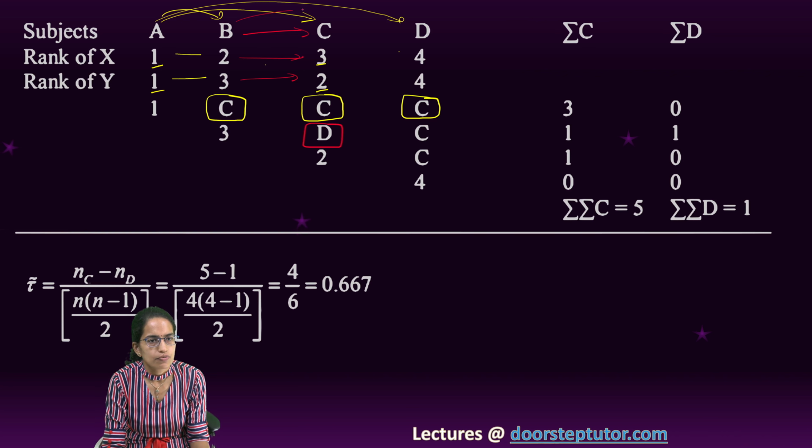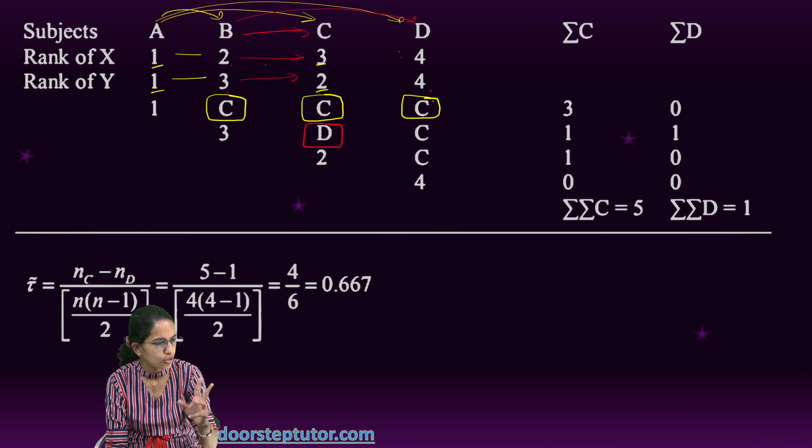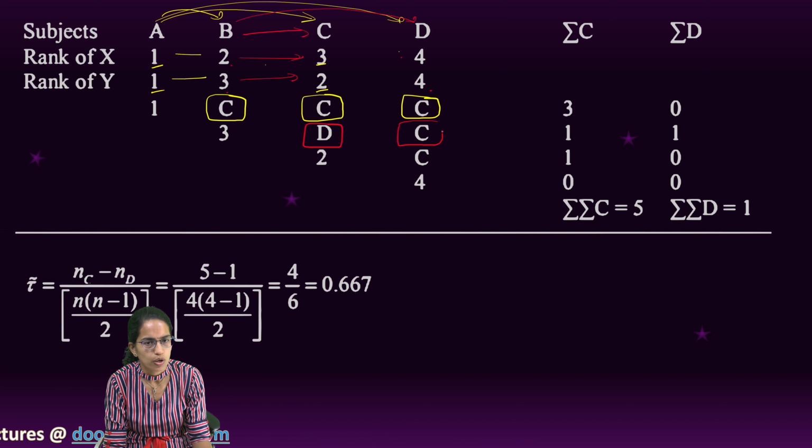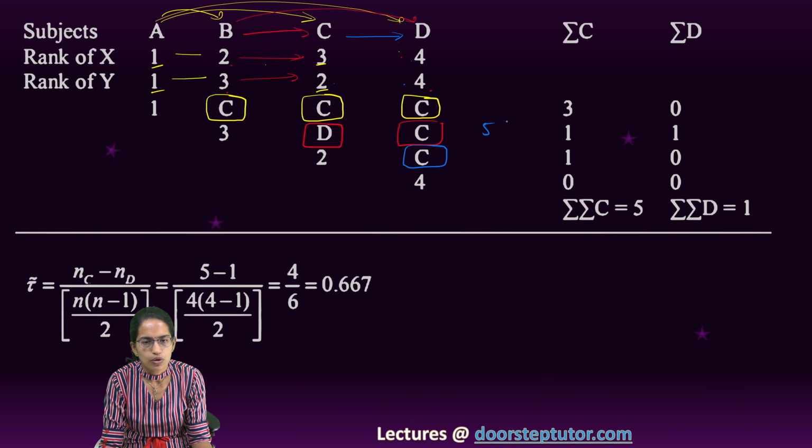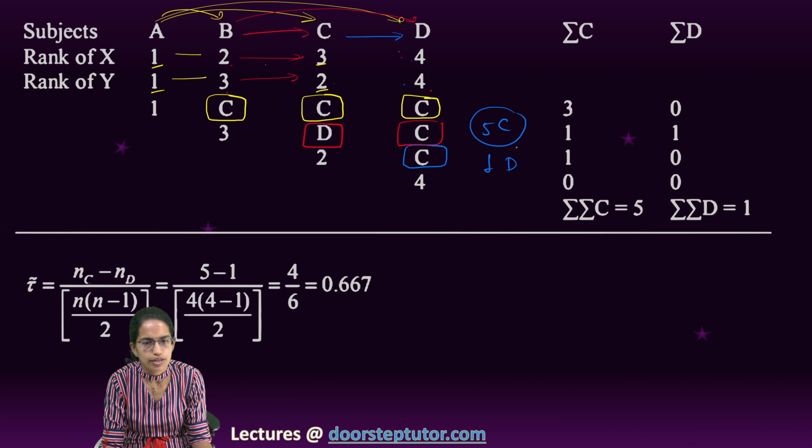Then B and D: 2 minus 4 and 3 minus 4, both in the negative direction, so it's concordant again. Finally, C and D: 3 minus 4 and 2 minus 4, both negative, so concordant. How many concordant pairs do we have? We have 5 concordant pairs and 1 discordant pair.